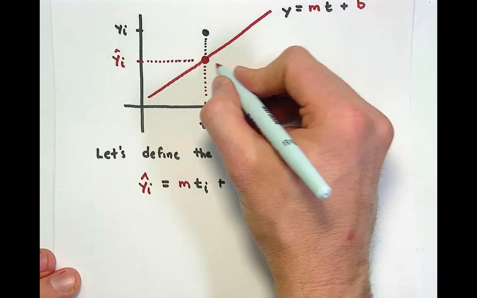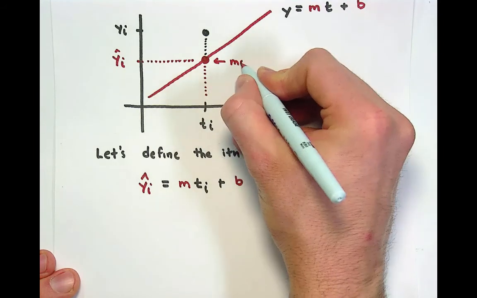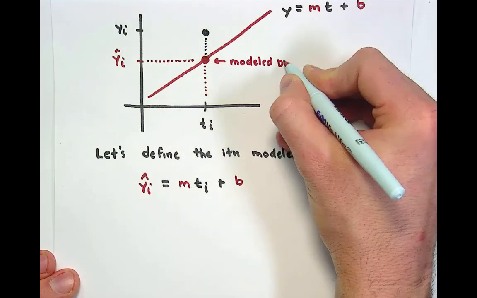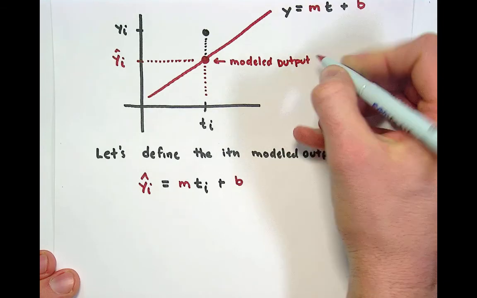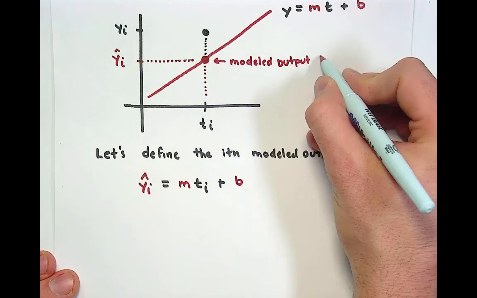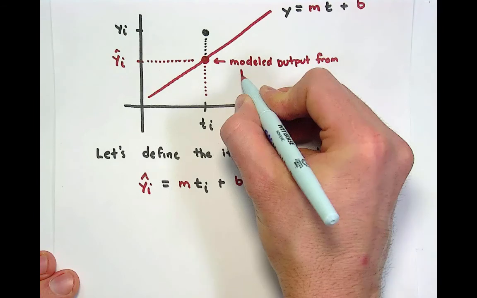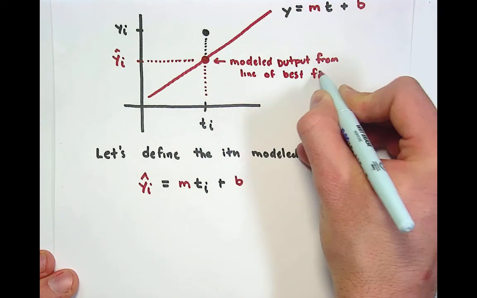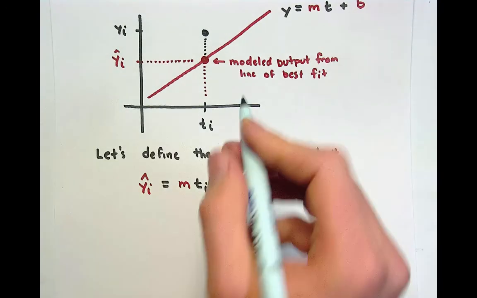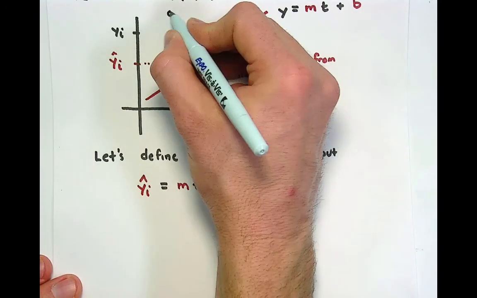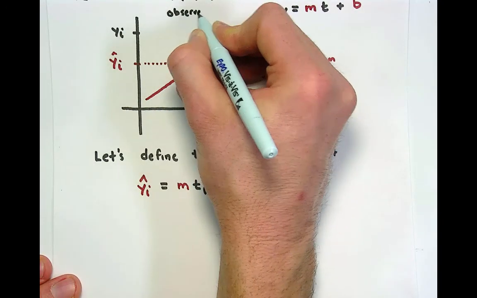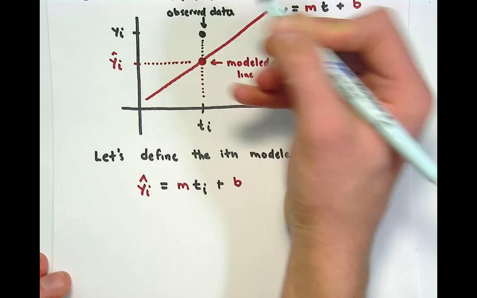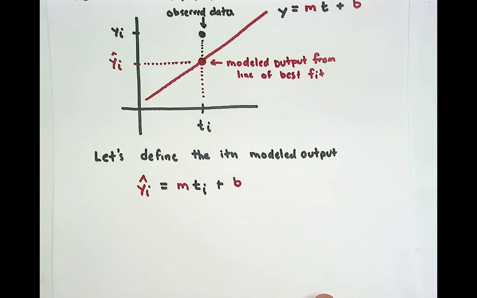So this is the modeled point from the line of best fit. And then this is the observed data from the scientific study. Okay?